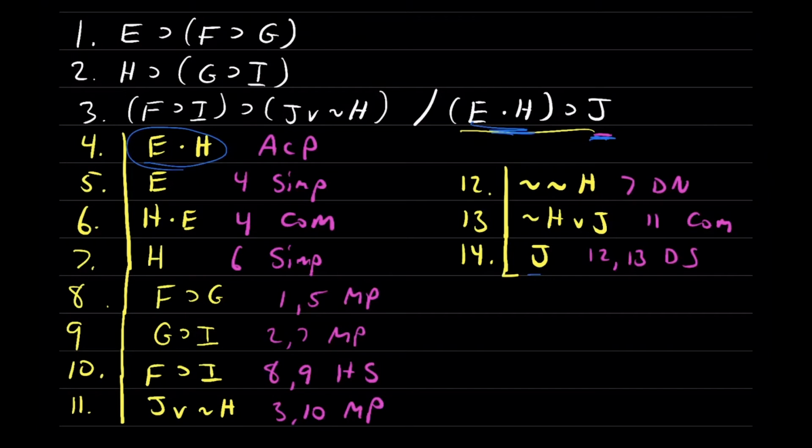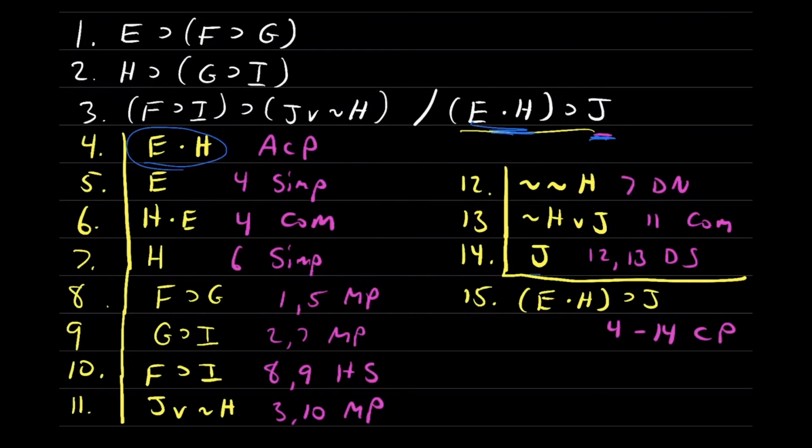I can discharge that line, and back outside the scope on a non-indented line is line 15: E and H implies J. That follows from line 4 through 14, a fairly lengthy conditional proof sequence, by conditional proof. Just to drive the point home, once you've closed off that assumption line after line 14, you can no longer refer to anything from line 4 through 14. Those lines are closed off for use in a longer proof.